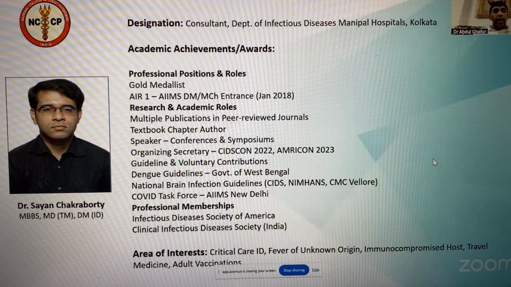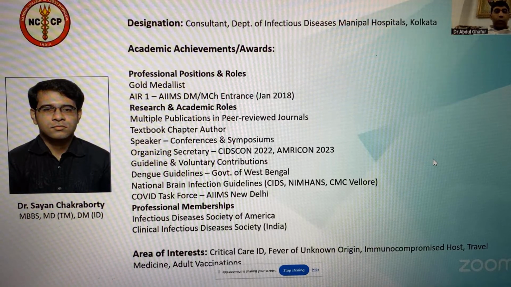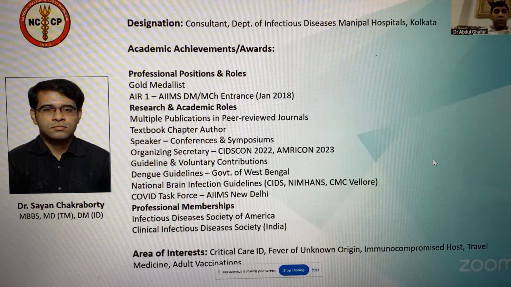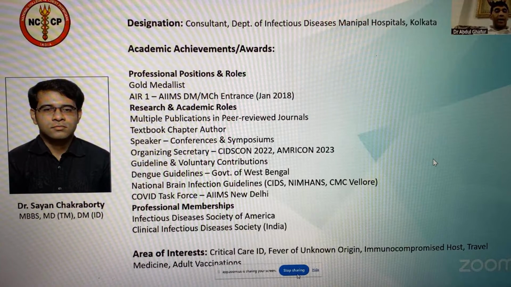He has contributed to many guidelines, including dengue guidelines for the West Bengal government and national brain infection guidelines, and has been a member of the COVID task force, AIIMS New Delhi. He is a member of the Infectious Disease Society and also the Infectious Diseases Society of America, and has a special interest in critical care infectious diseases, fever of unknown origin, infections in the immunocompromised host, travel medicine, and adult vaccination. Dr. Sayan, over to you. We are waiting for your excellent talk.